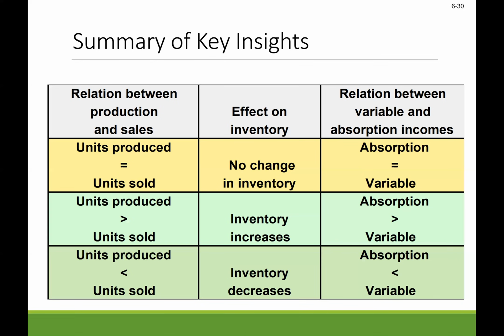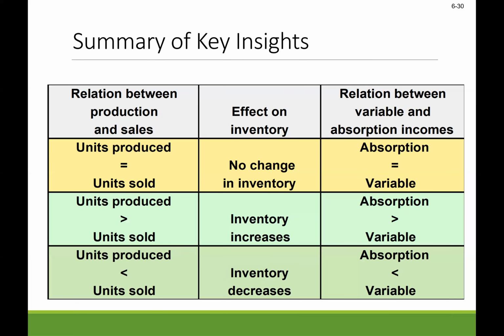They didn't hit the income statement. So because they didn't hit the income statement, the net income under absorption is going to be higher. But remember, with variable costing, all those fixed manufacturing overhead, if we sold it or not, gets put into period cost. So that net income is going to be lower under variable.